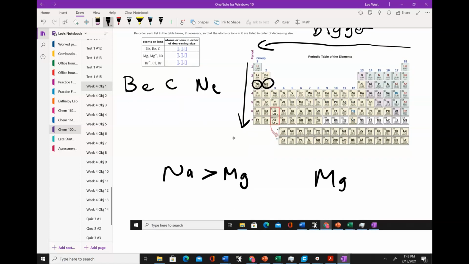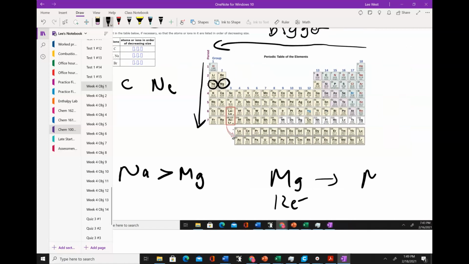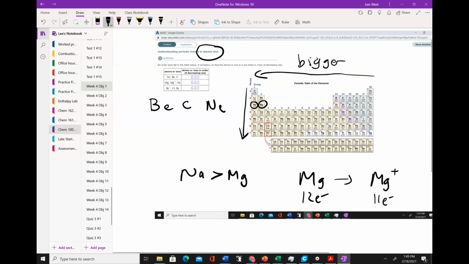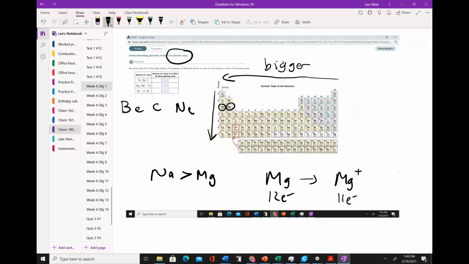Well, if you take a magnesium atom and it has 12 electrons, and then you remove one from it, you would end up with a magnesium single positive cation. Now the electron is being removed from the outside of the atom, so it's going to be making that smaller. So what that means is that Mg plus will be smaller than Mg.